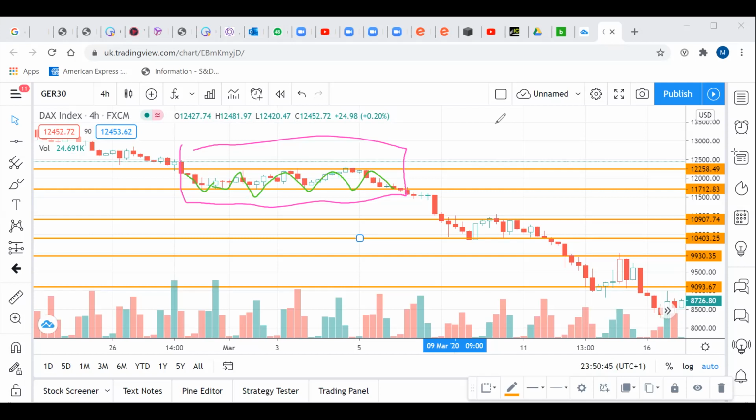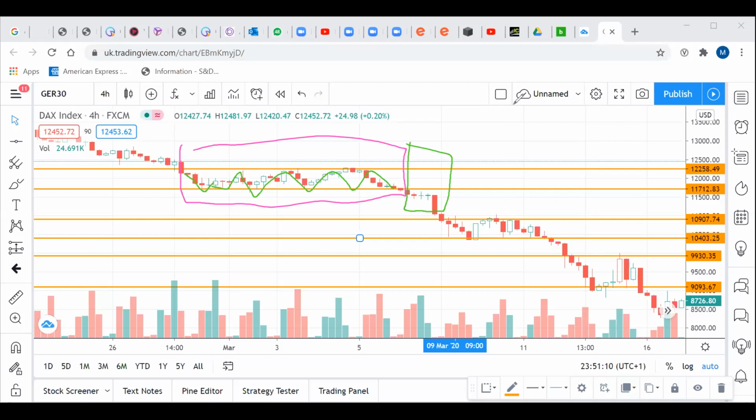Now, as you can see outside of this pink box, let me put another box here. Price did what? It broke through the resistance.